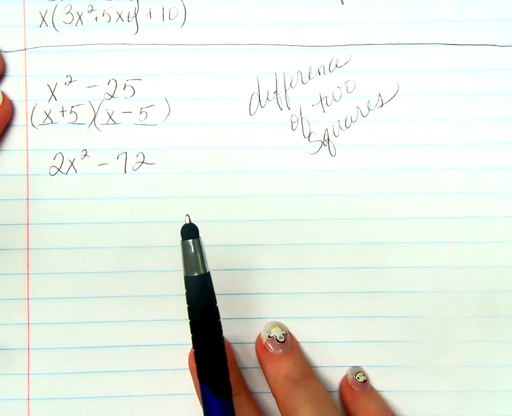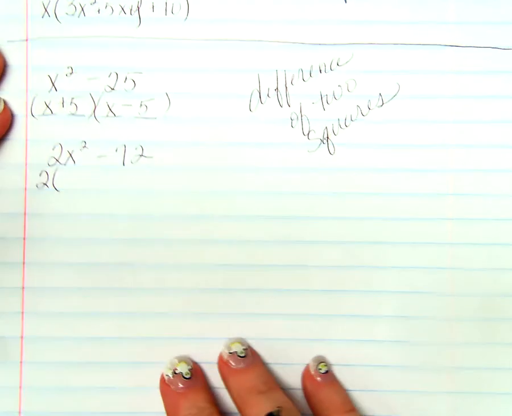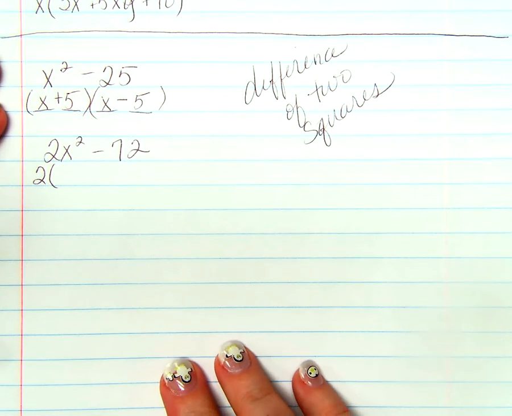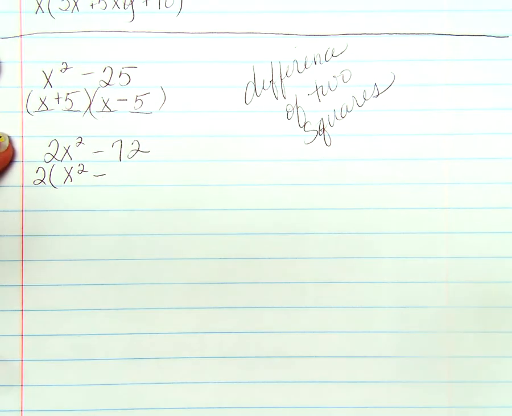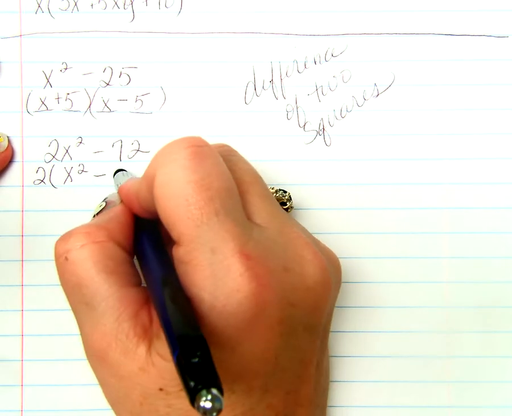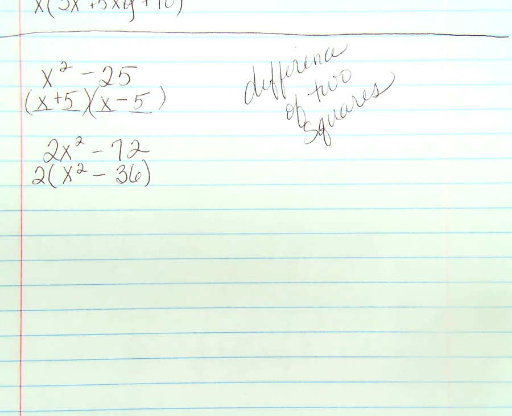So what should we have thought of first every time? Does it have a greatest common factor? What is it? 2. If I divide a 2 out of each term, what am I left with? X squared, good, minus 36, good. Wait, is that the difference of squares?